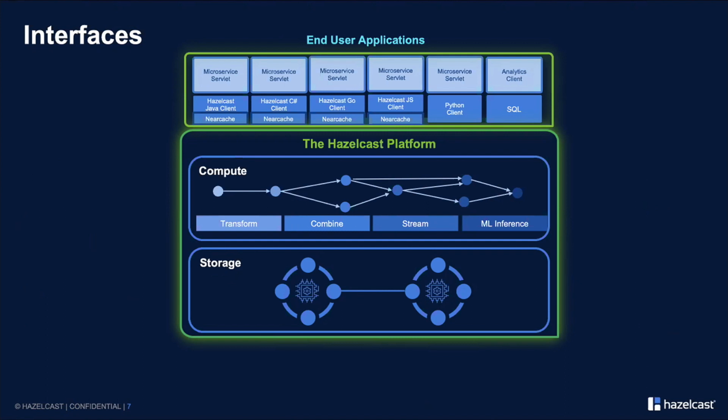That type of model is particularly good for microservices, where you have independent teams working on individual microservices as part of a bigger application. So having the ability to access Hazelcast in a very easy and flexible way is ideal for these microservices that are being deployed in the cloud, both public and private.